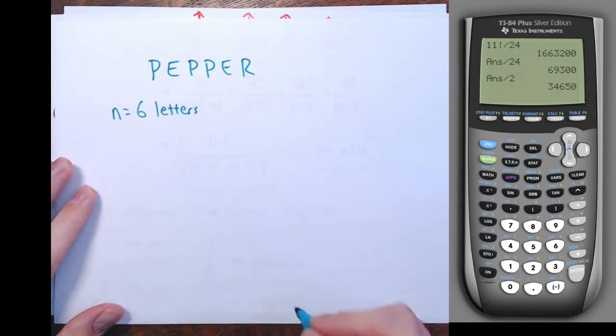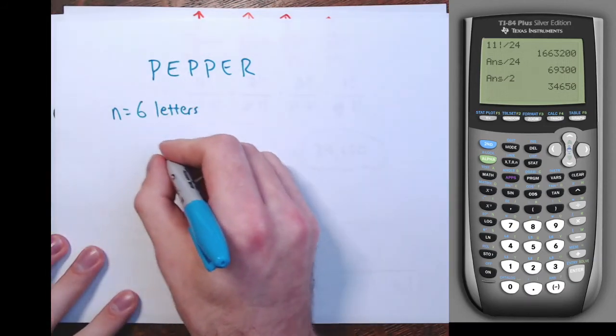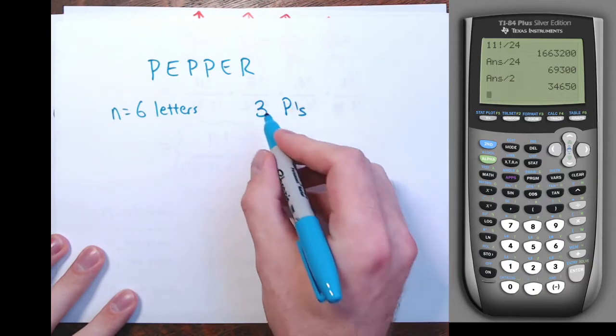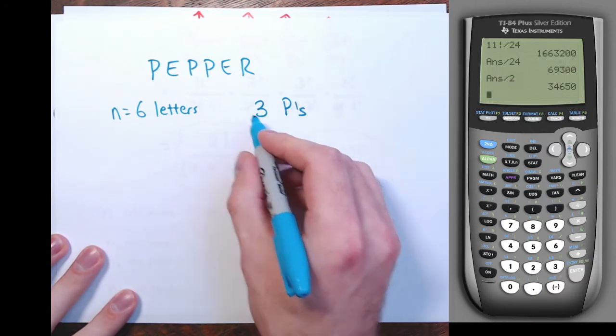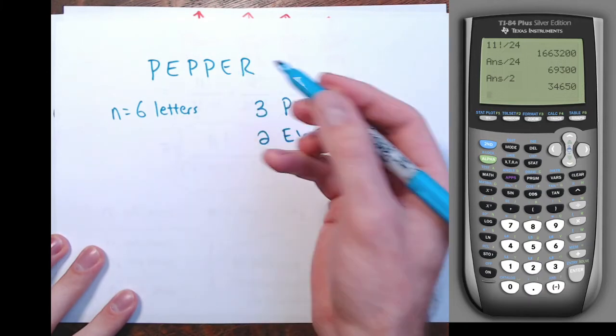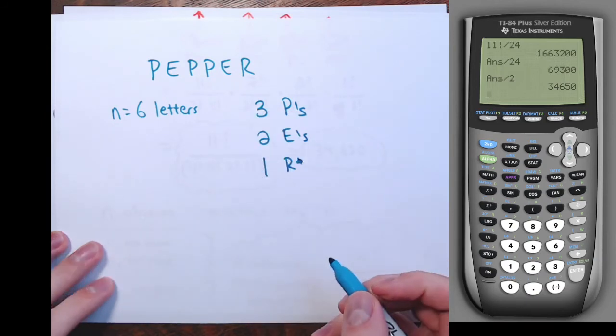Now they're not all distinct though, right? They're not all different. So the number of ways to reorder them isn't just 6 factorial. There are 3 P's, so this would be like the n1. There are 2 E's, and there's 1 R, and these add up to 6.